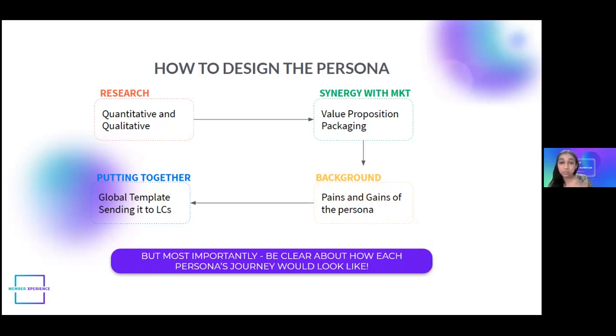But I would suggest one thing, which is very, very important more than anything here: if you are clear with how the journey is going to look for a person, let's say who's looking for career development, that is how you're going to make a perfect persona.